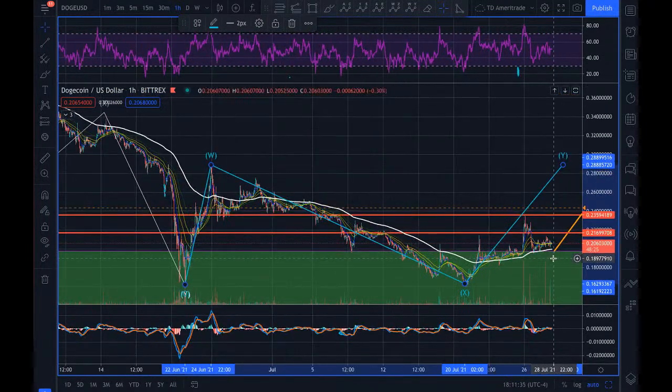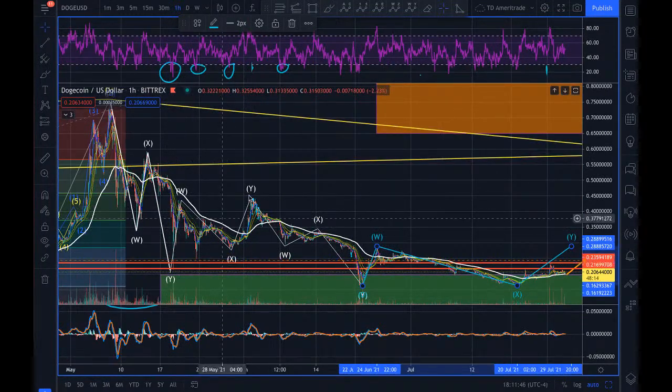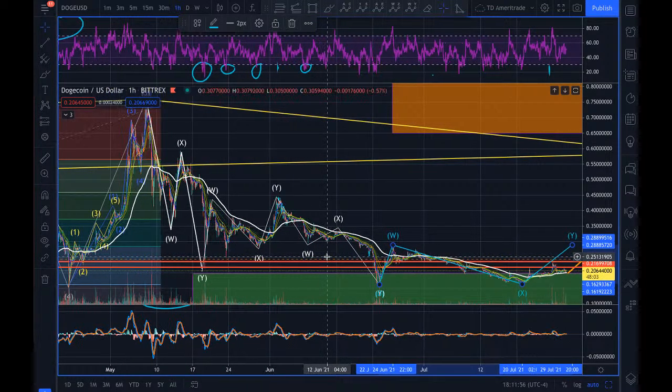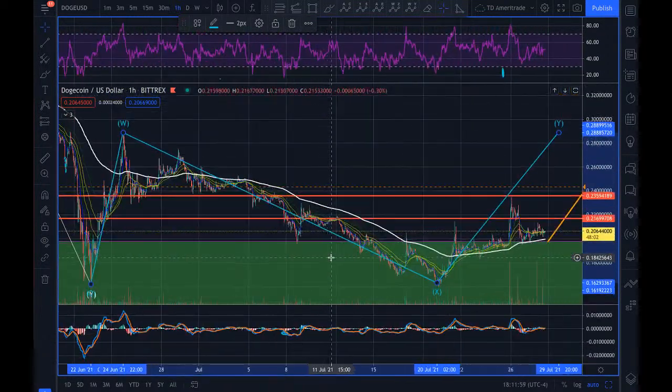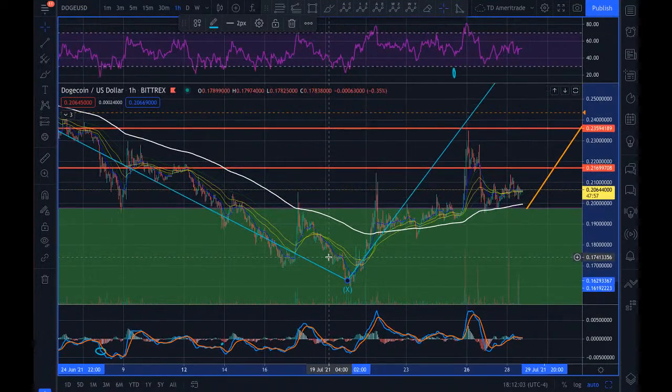But in a correction, we can have double and triple corrections, which means once one correction is over, it can have a wave up, such as this one or this one even, and then it can start another correction. So when people think it's over, usually it isn't the first several times. And that's just the thing about the market, and that's normal.